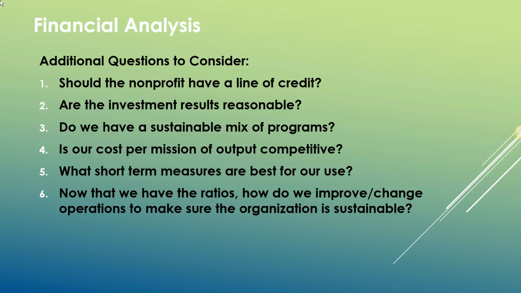You might want to have a line of credit. Are the investment results reasonable for an organization? Suppose you have an organization that does have a significant investment portfolio. Are those investments achieving a reasonable rate of return based on the market? Number 3, do we have a sustainable mix of programs?